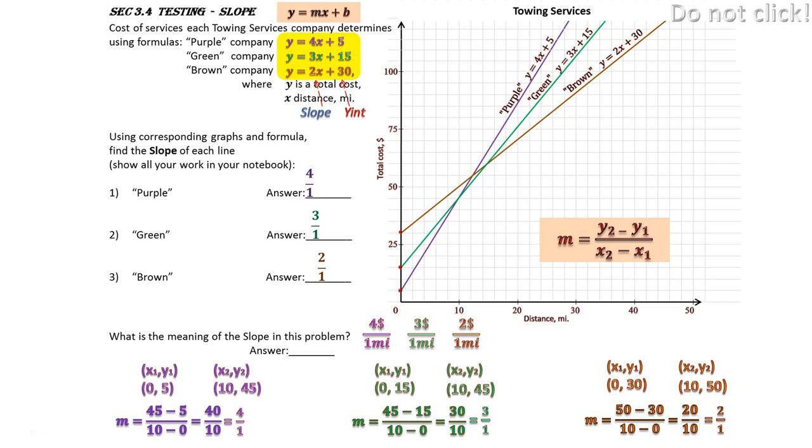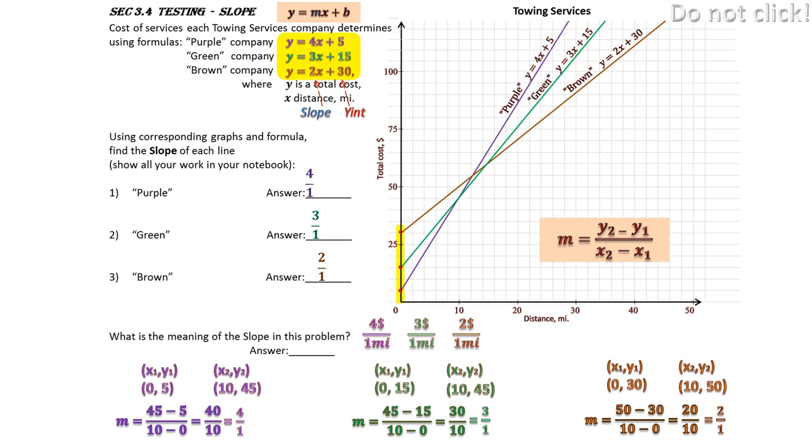And 5, 15, and 30 are the y-intercepts you can see on the graph, and each number represents the initial fee which you have to pay to the company in order to tow your car.